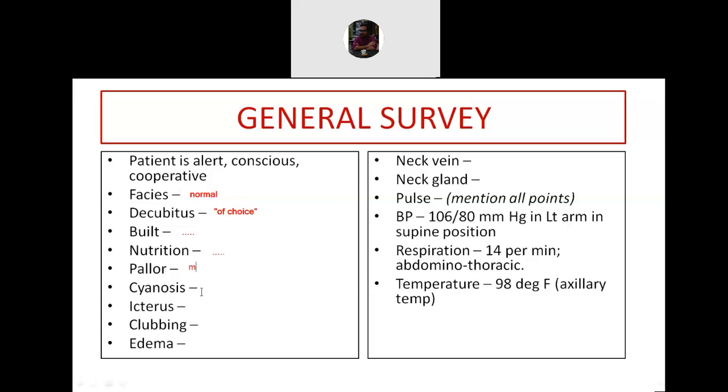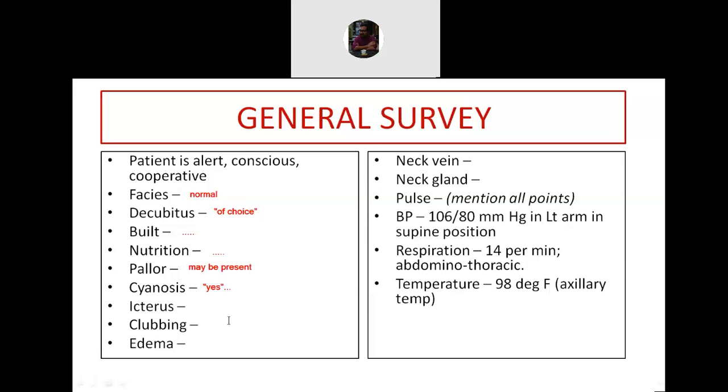Okay, so let us now see the consequences of these changes. Left ventricular hypertrophy will lead to a forceful and well-sustained apex. It is well-sustained because it takes a longer time for the ventricle to empty.